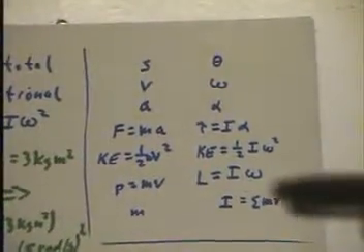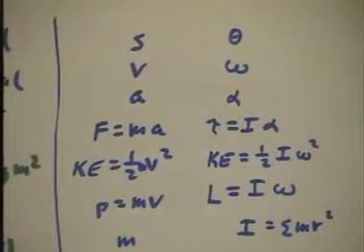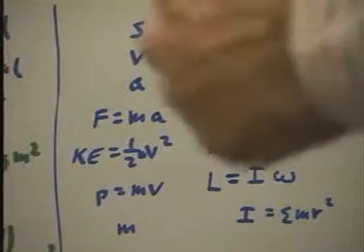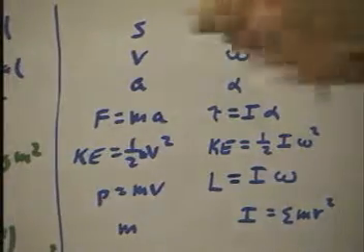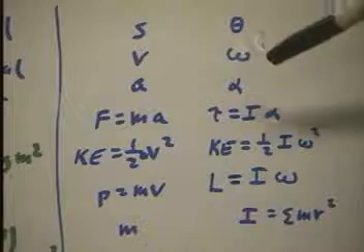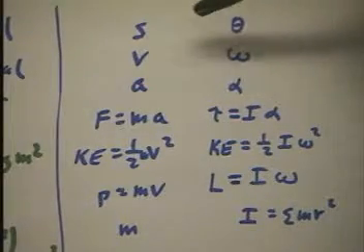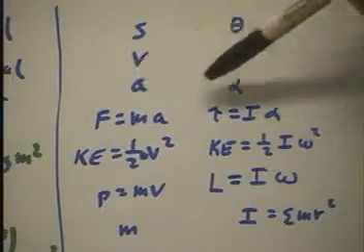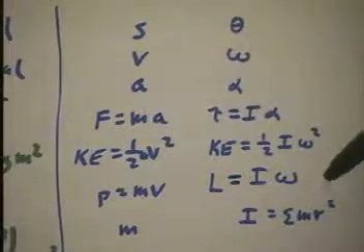Just a quick digression to the most basic relationships between angular and linear quantities. Angular displacement, or angular position, is analogous to position. Angular velocity to velocity, angular acceleration to acceleration.